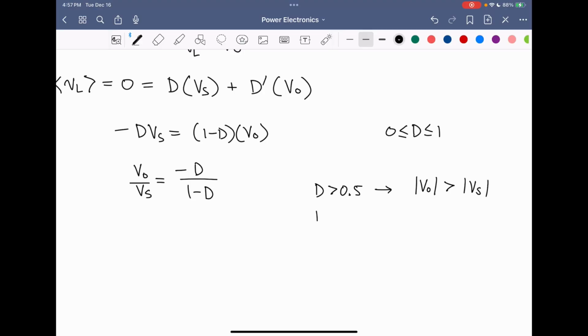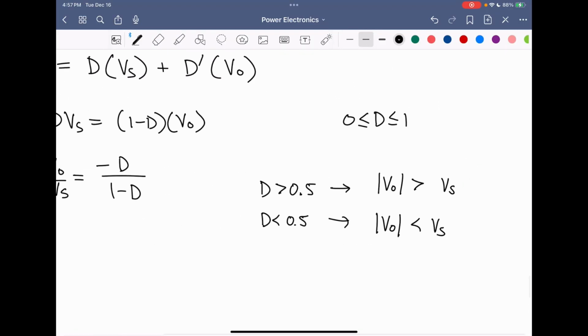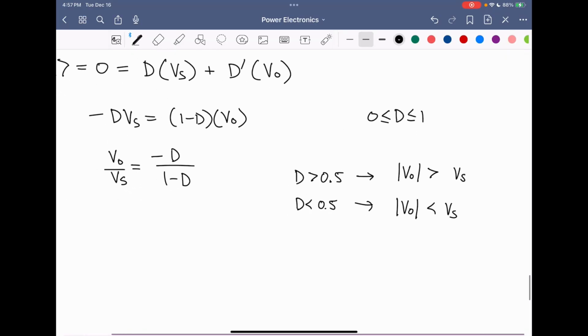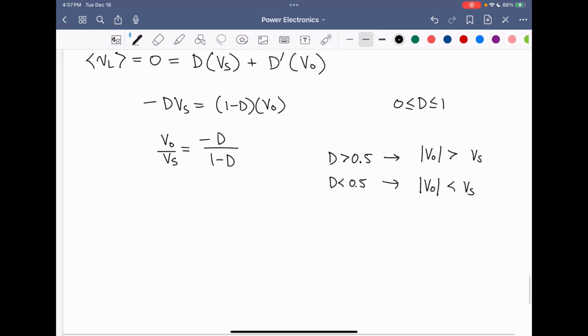By the same token, for a duty cycle that's less than 0.5, the magnitude of the output voltage is less than the magnitude of the input voltage. And the input voltage is positive, so we can just ignore those absolute value signs.